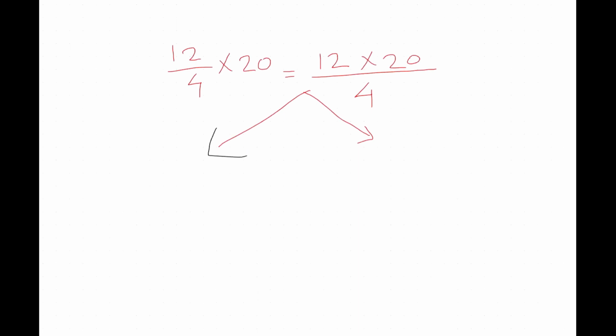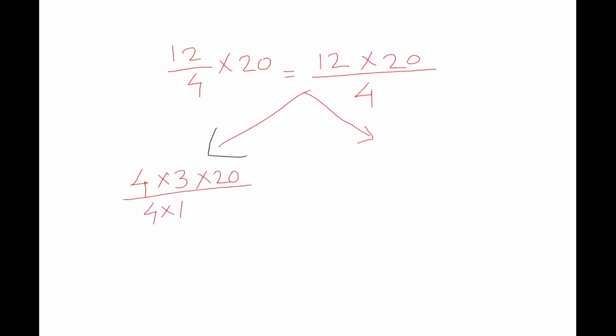Okay. So 2 kids are thinking like this. One kid is thinking, okay, let me be super smart. So that kid is writing 4 times 3 into 20 divided by 4 times 1.